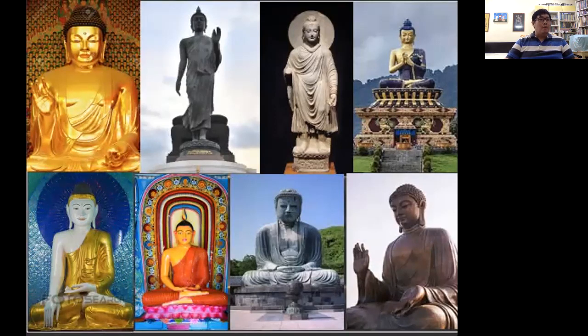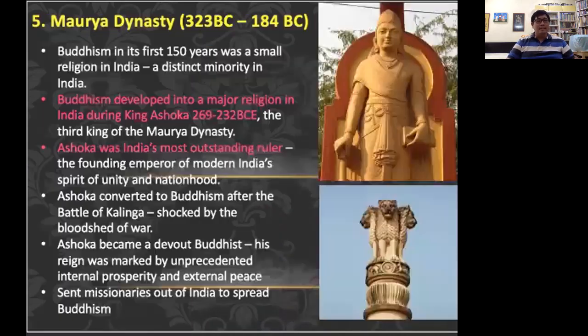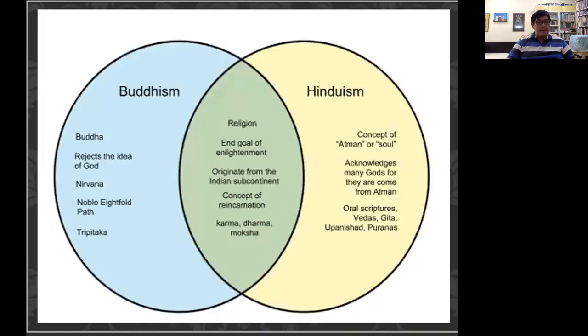So now, when we look at the first part, Alexander the Great changed the idea of Buddhism through the making of the first Buddha statue. But what is important about Buddhism is not the statue. This is just a sidetrack. What is important is that Buddhism was a response to Vedic India.